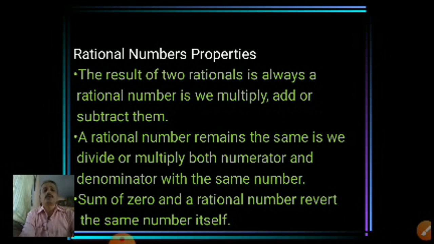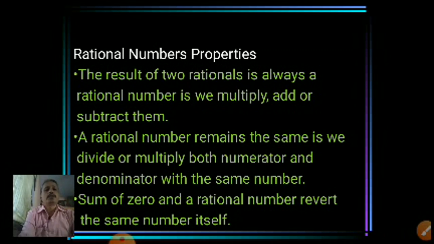The result of two rational numbers is always a rational number if we multiply, add or subtract them. A rational number remains the same if we divide or multiply both numerator and denominator by the same number, like an equivalent fraction.